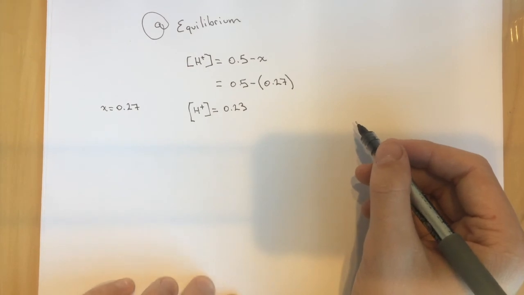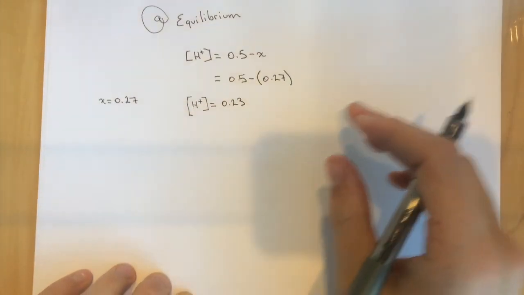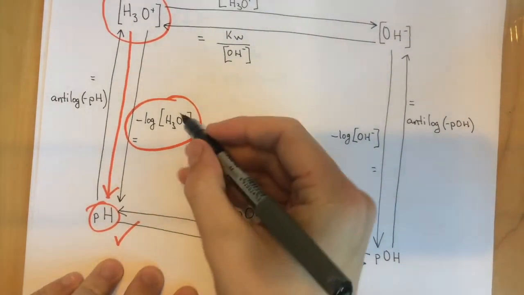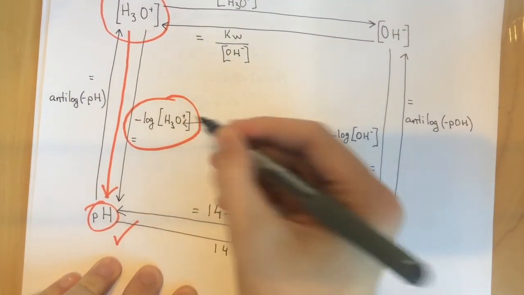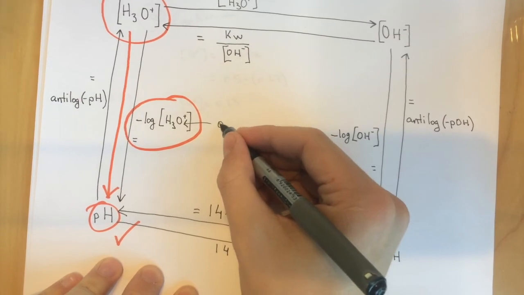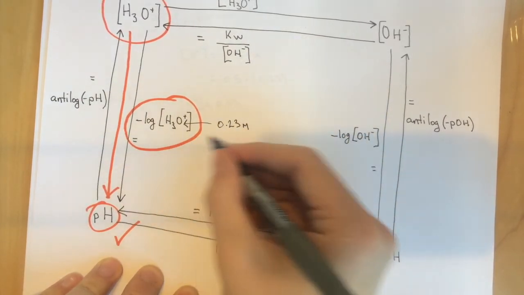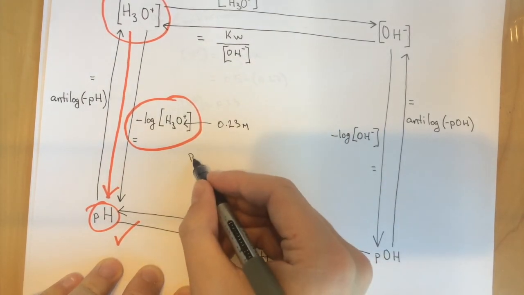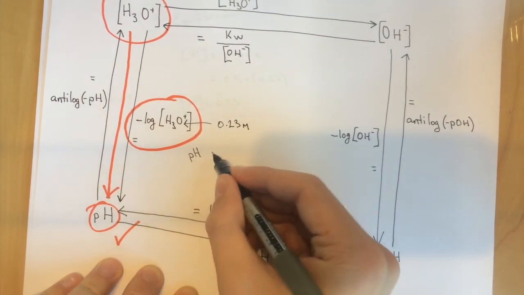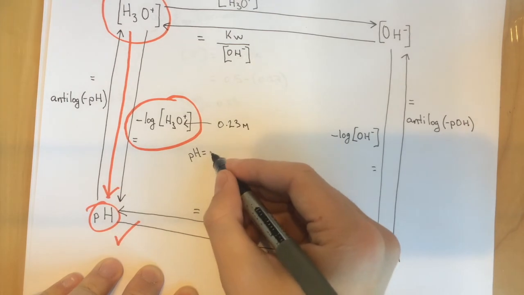And back to the table, since we know that the pH of our solution is equal to the negative log of our H3O plus value, and that value is 0.23. So we know our concentration of H3O plus, and all we have to do now is solve for the pH.